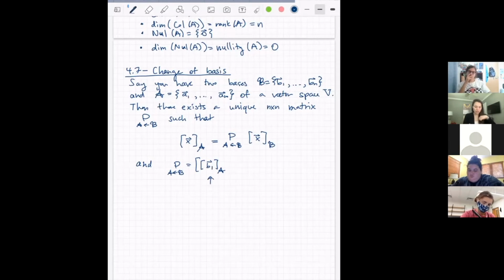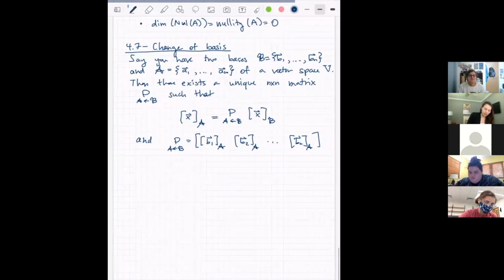This is the first vector in the basis B written in terms of A. And then the second column of this matrix is the second basis vector from B written in terms of A, and so on. And when we put these all together, these form our change of coordinates matrix.